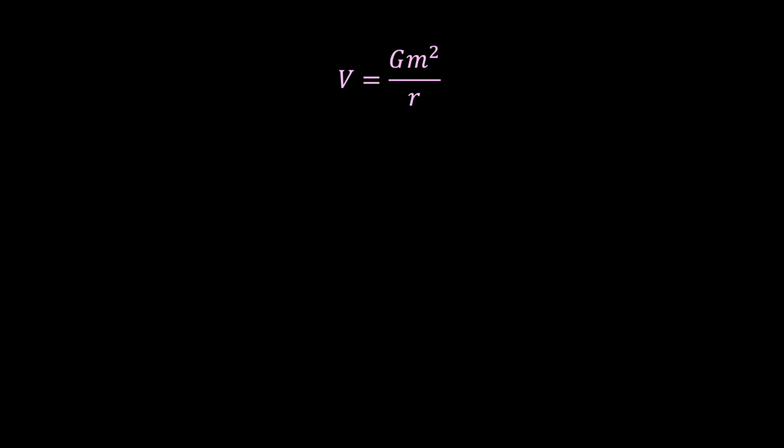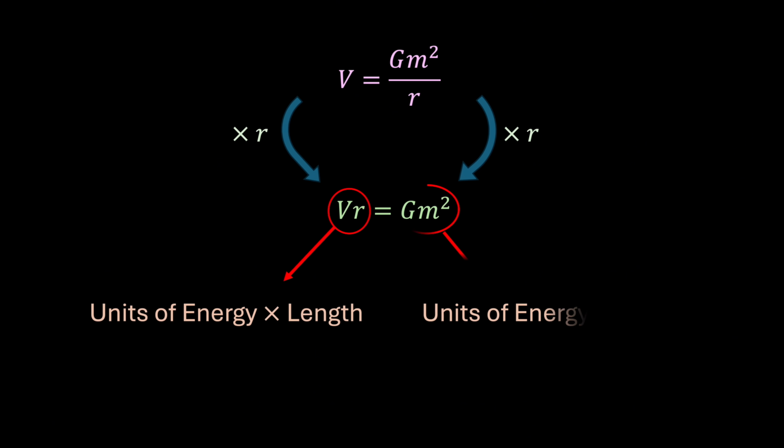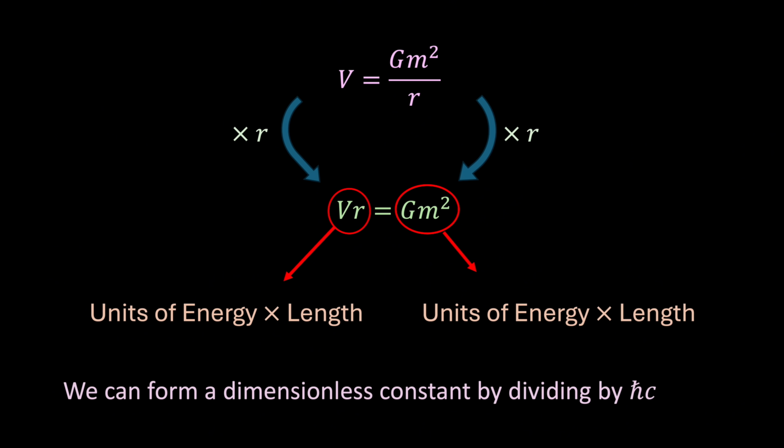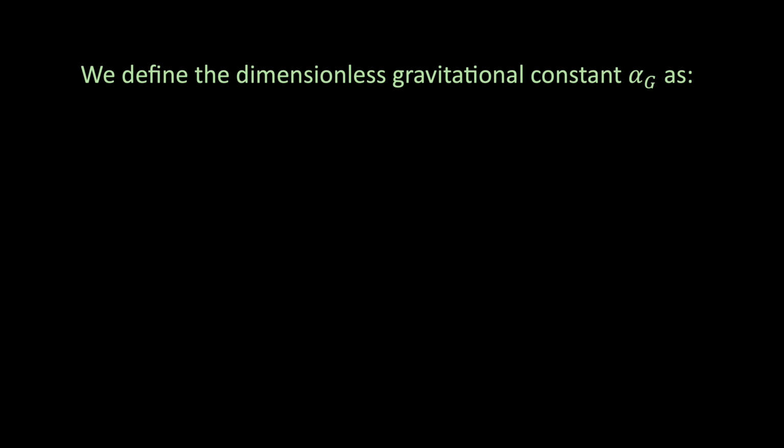Next, if we multiply both sides by r, we find V r equals G m squared. And we see that both the left and right hand sides have units of energy times length, and so just as we did with QED, we can form a dimensionless constant by dividing the right hand side by h bar times c. In this way, we can define the dimensionless gravitational constant, alpha G, as G m squared divided by h bar c.